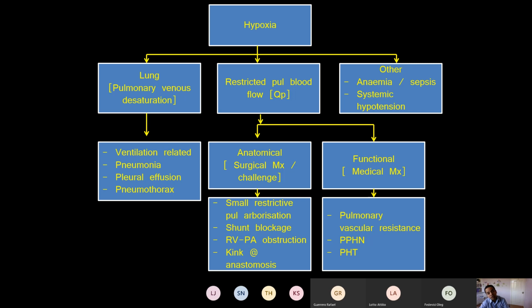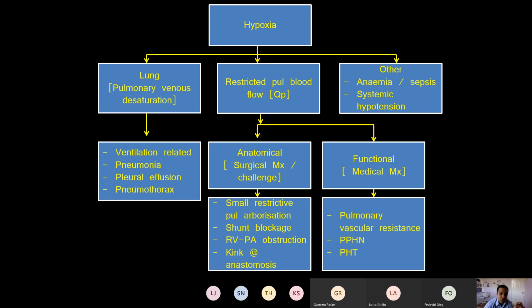So this is about hypoxia in these patients, or any patient where you are questioning the pulmonary blood flow or balancing circulation. It's a standard pathway. I've just tried to put it my way into the slides, and let me know if you have any questions, need clarification, or think there is something more to add.